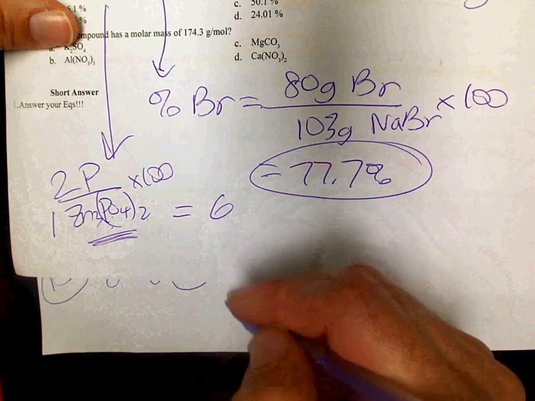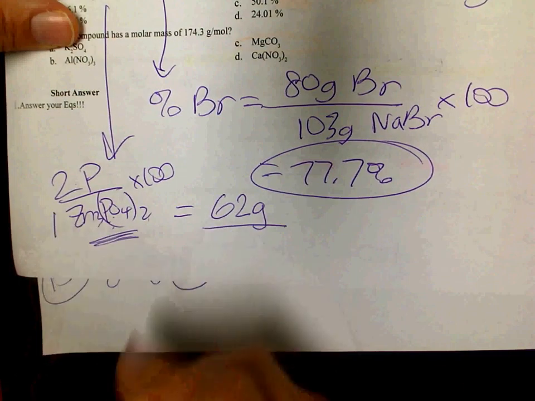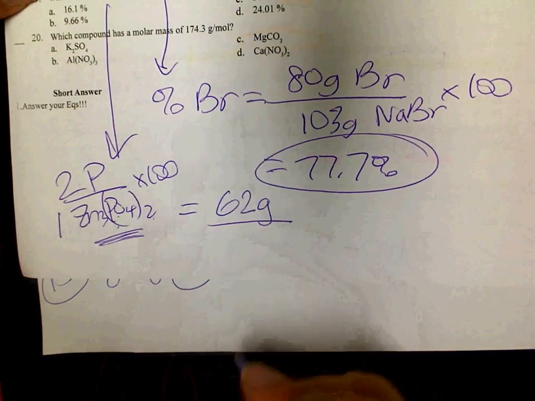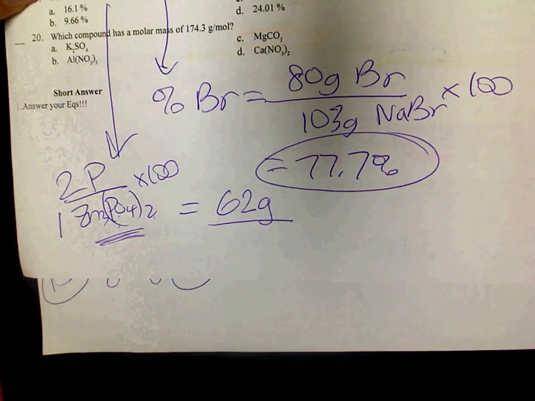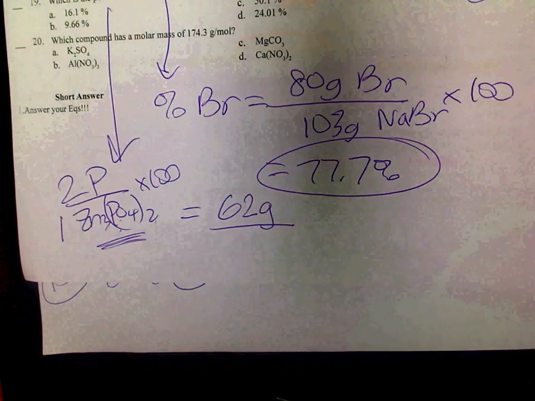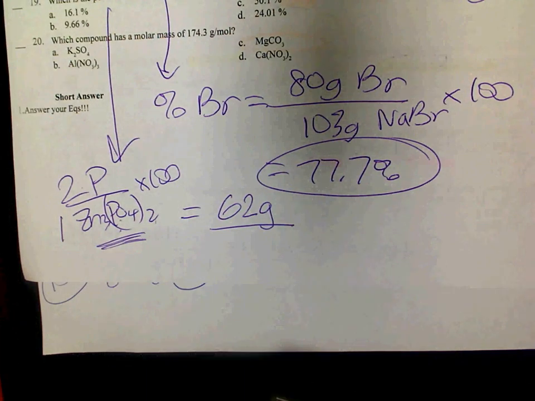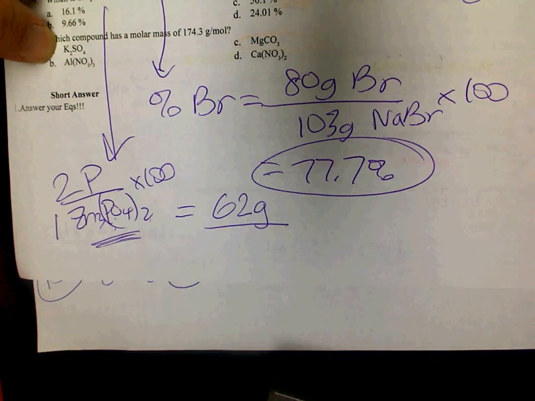So I'm going to take the mass of 2 phosphorus moles over the mass of zinc phosphate. What's the mass of zinc phosphate? What's 65 times 3? 65.4 times 3. Do this for me, Tyler. 65.4 times 3. Plus 62. Plus 8 times 16.